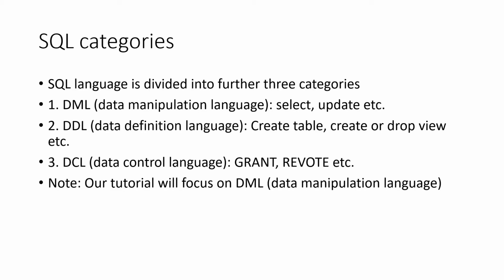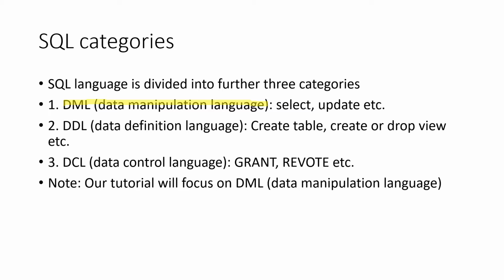SQL can be used for different types of operations. As per its usage, it is divided into three categories. First is DML, data manipulation language. It is used for inserting, retrieving, updating and removing data from tables.